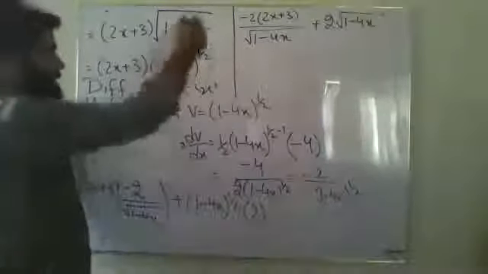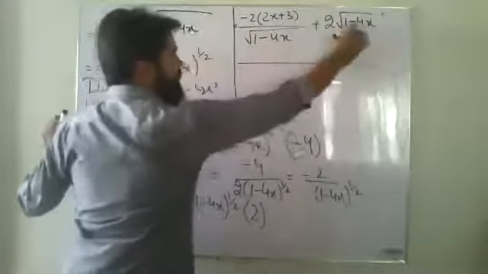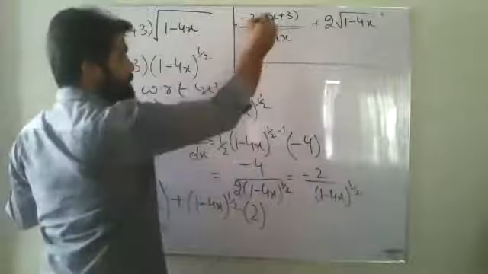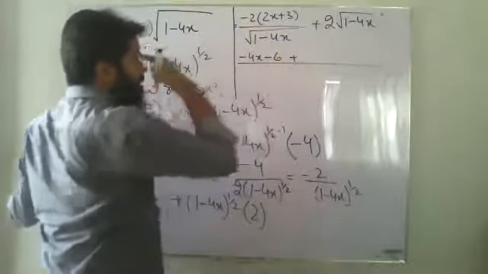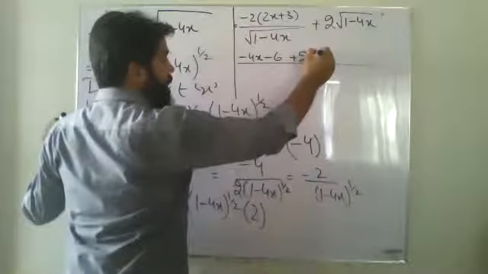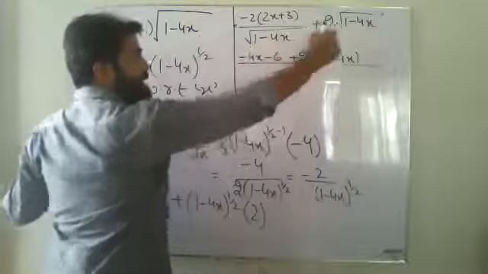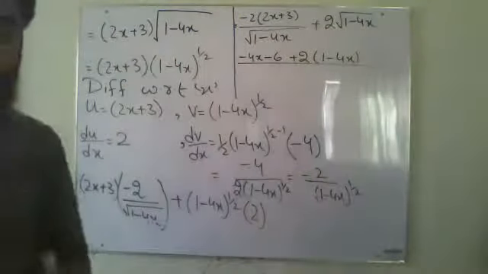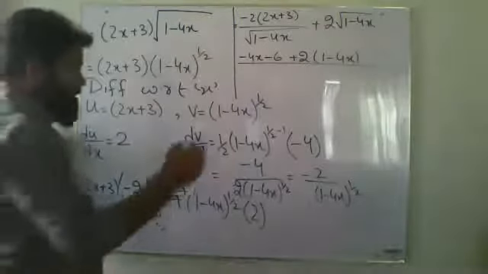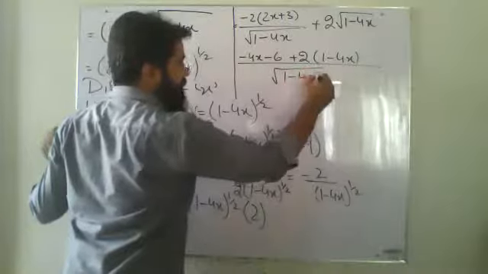I can take LCM. So I am taking LCM. This thing will be multiplied by this, and this will become minus 4x minus 6 plus 2 times 1 minus 4x under root 1 minus 4x multiplied by under root 1 minus 4x, and that will be remaining 1 minus 4x. Rest of the things will be gone. Under root 1 minus 4x.